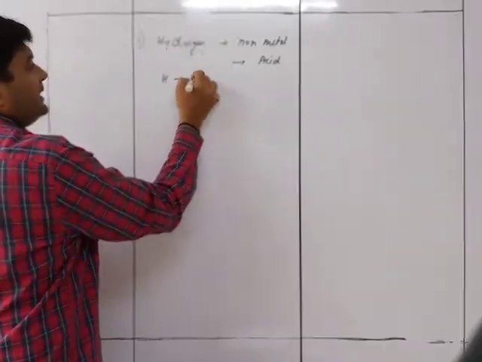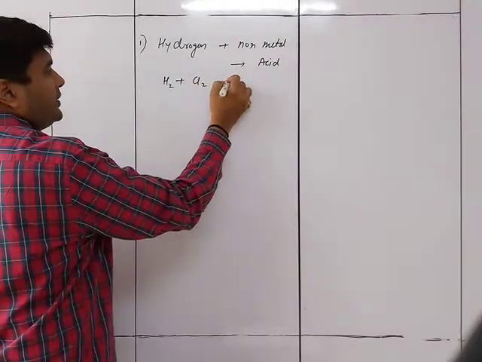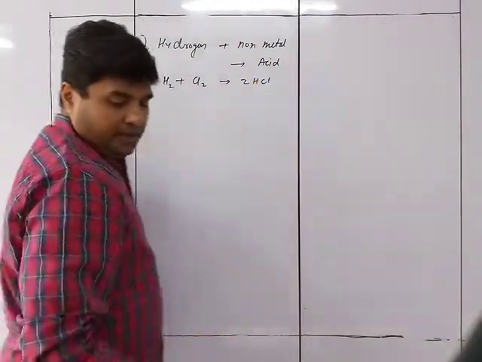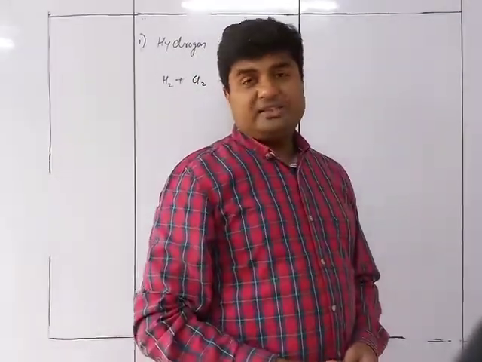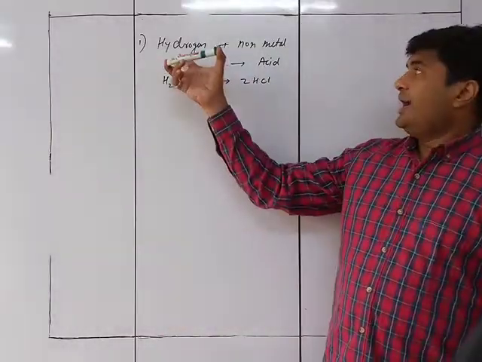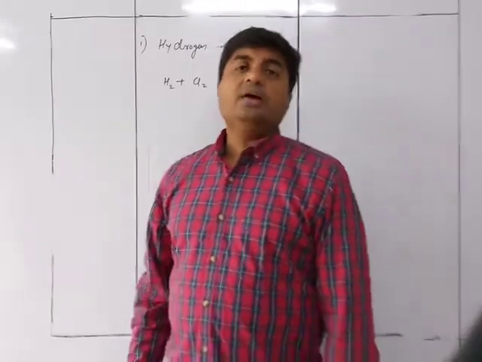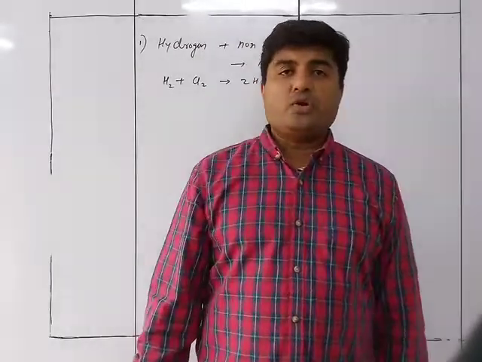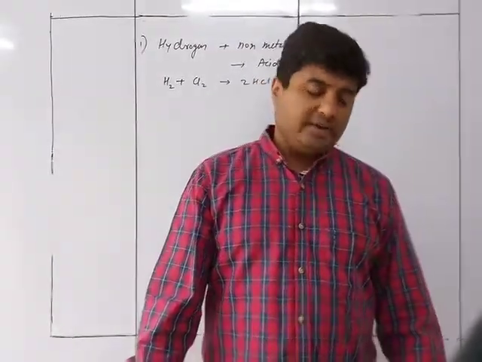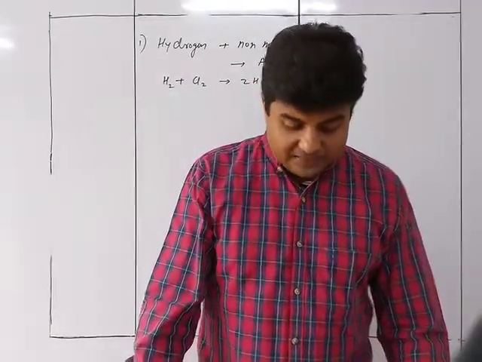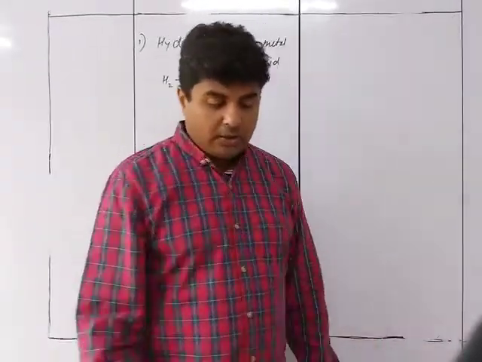Example: H2 plus Cl2 gives me 2HCl. So hydrogen plus non-metal gives you an acid, of course, when dissolved in water.